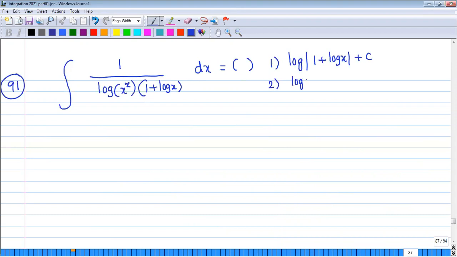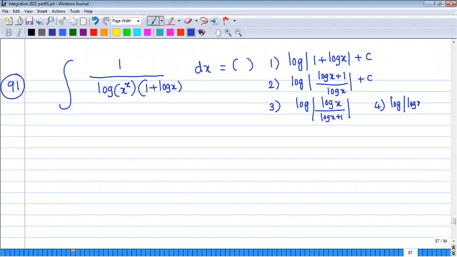Second, log mod (log x plus 1) upon log x plus c. Third one, log of mod log x upon (log x plus 1). Fourth one, log mod (log x minus 1) plus c.